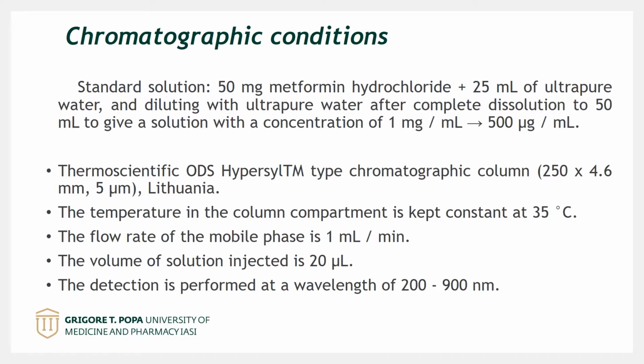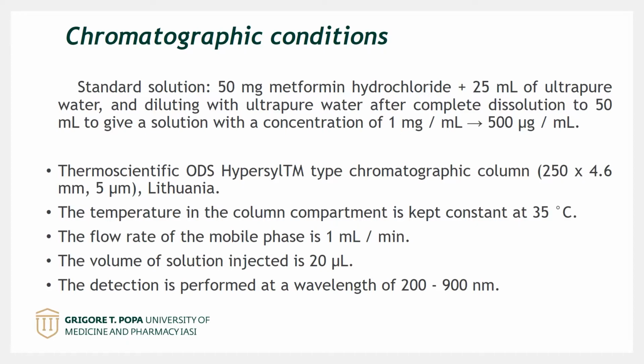For the development of the method for the determination of metformin hydrochloride by HPLC, we prepared a standard solution obtained as follows: a quantity of 50 mg metformin hydrochloride, reference substance, is dissolved in 25 ml of water, and after complete dissolution it is completed with water to 50 ml, resulting in a solution with a concentration of 1 mg per milliliter.